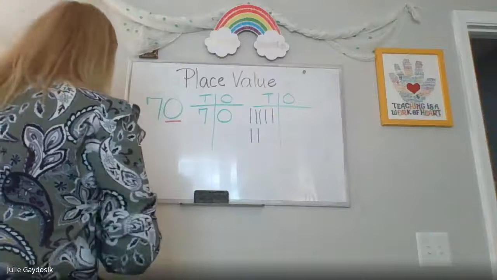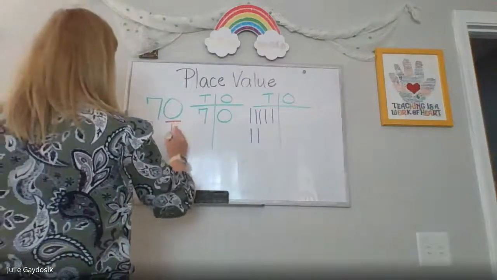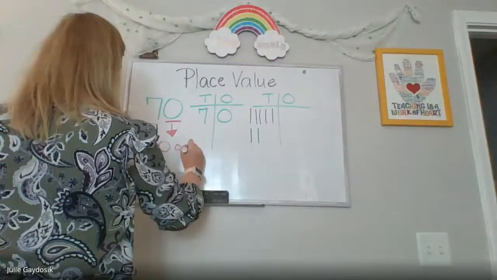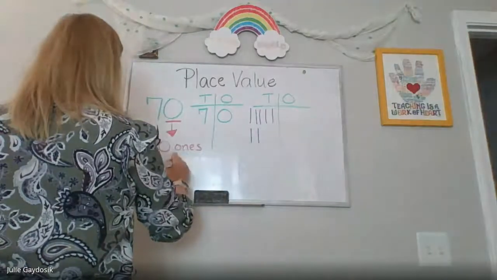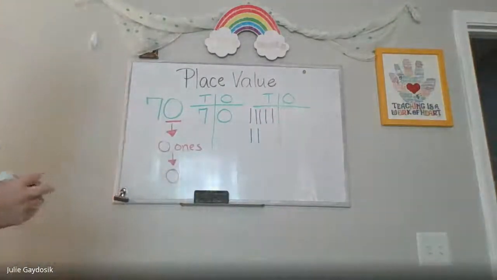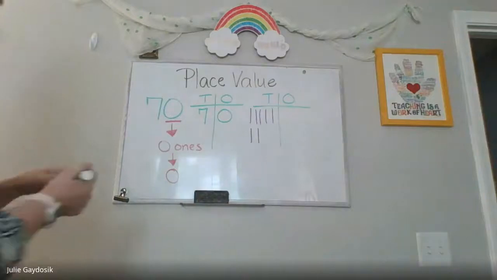So if I'm looking at my chart, my 0 is worth 0 ones, which means its value is 0. It's not worth anything. It's 0 ones.